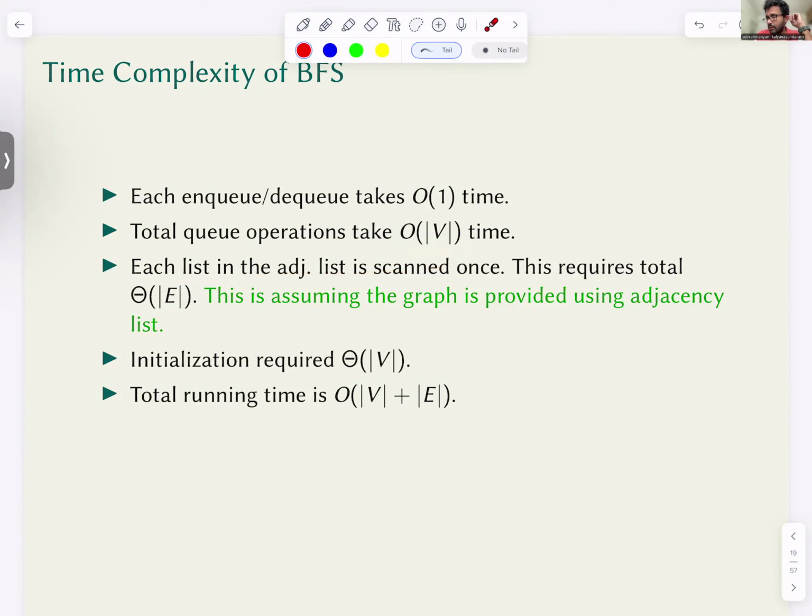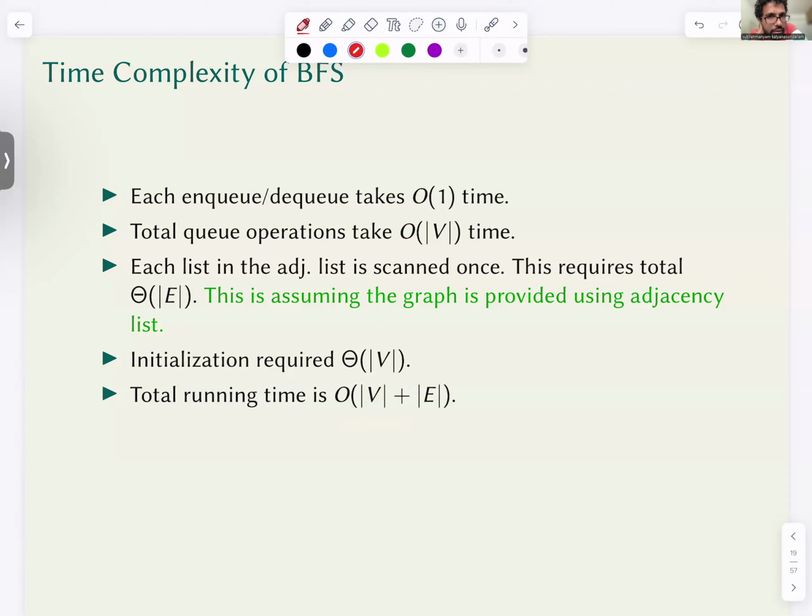This requires theta E time, again assuming the graph is provided in adjacency list format. Initialization and even the recoloring take O of V time. So the total running time is O of V plus E, assuming the graph is given in adjacency list format.